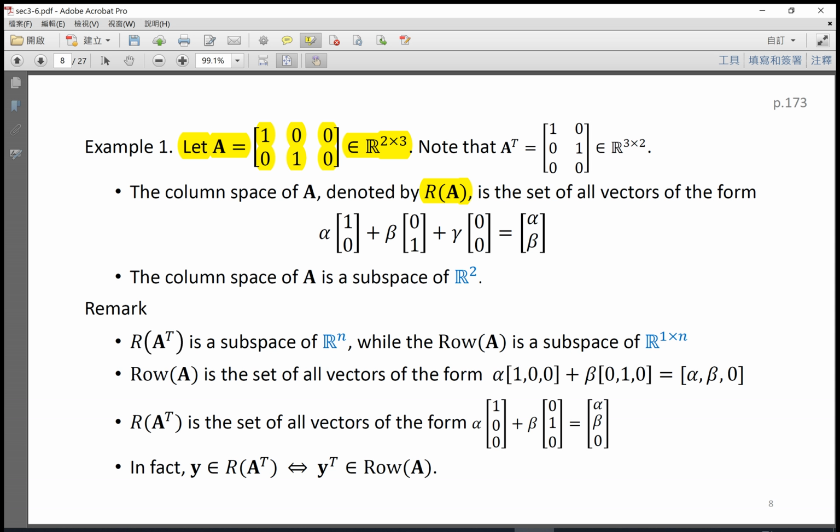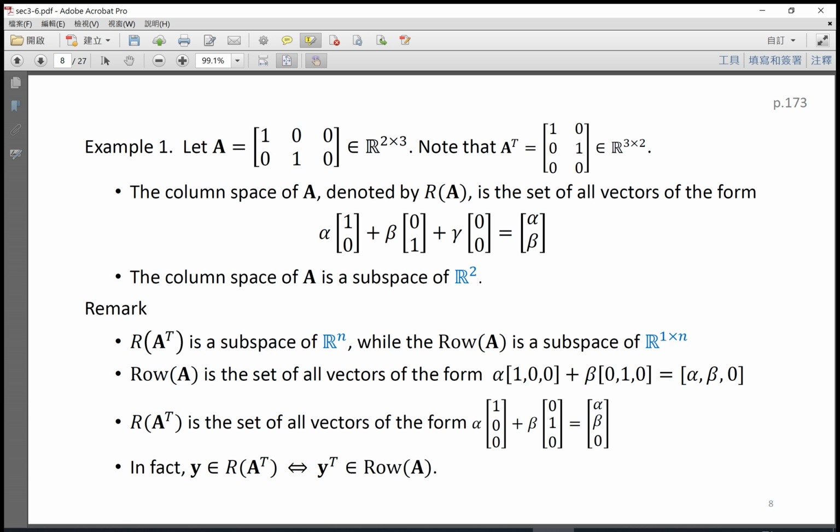By definition, R(A) is the set of all vectors of the form alpha times the first column plus beta times the second column plus gamma times the third column. Because R(A) is the set of all linear combinations of the column vectors of A, we know that the column space of A is a subspace of R^2, because each column of A is in R^2.